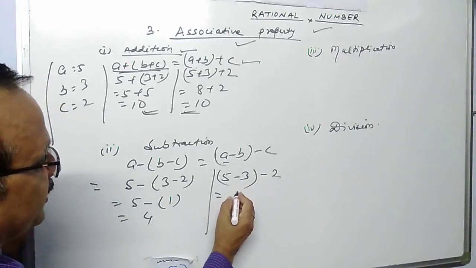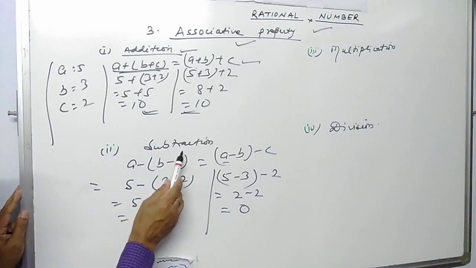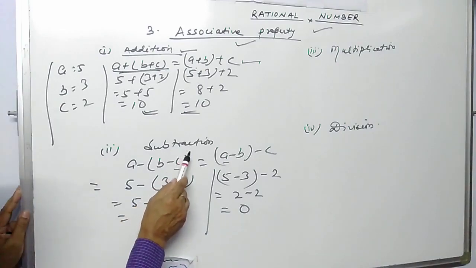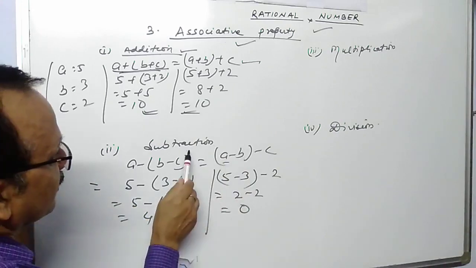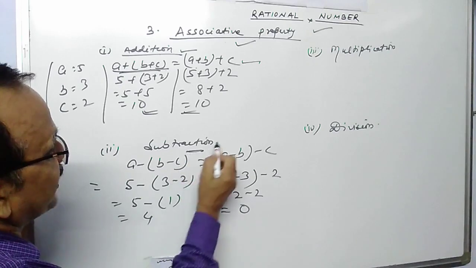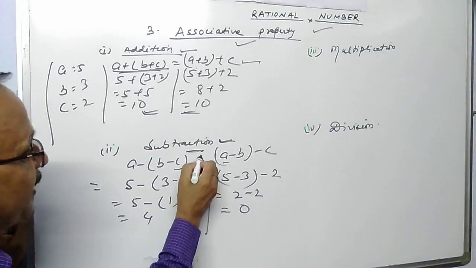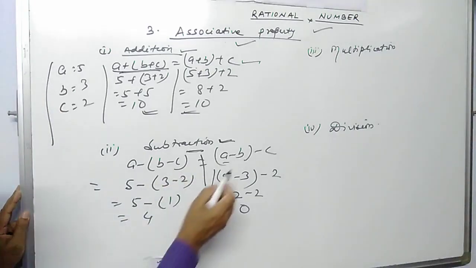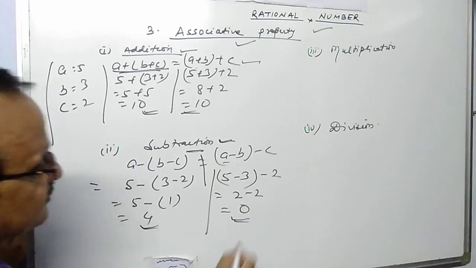This will be 5 minus 3 is 2, minus 2, that is equal to 0. That means in case of subtraction, the associative property does not hold for rational numbers. It is not associative. Subtraction is not associative for rational numbers. That is, a minus (b minus c) is not equal to (a minus b) minus c. You see, on the left hand side 4 and on the right hand side 0.